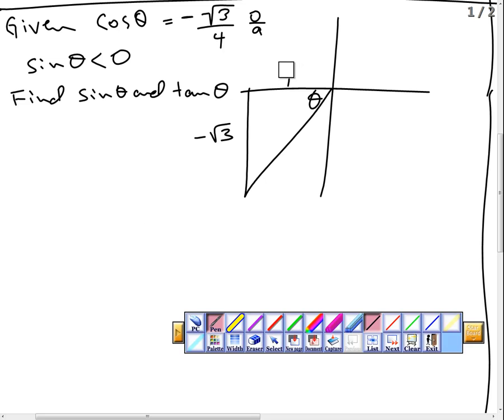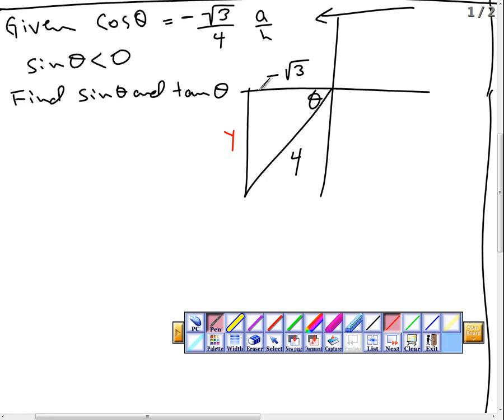Okay, I need to fix this. Since cosine is adjacent over hypotenuse, this would be negative square root 3, and 4 is the hypotenuse. So we have to find y.